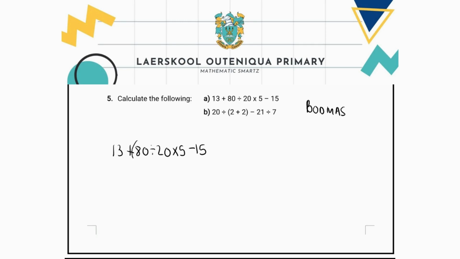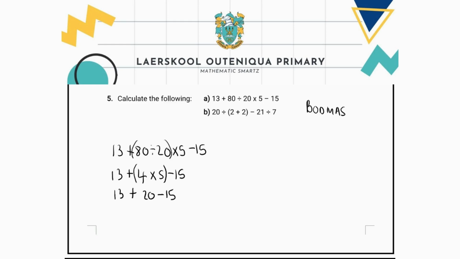If you said 80 divided by 20, you are 100% correct. 13 plus 80 divided by 20 would be 13 plus 4 times 5 minus 15. According to BODMAS, what do I do next? 4 times 5. So 13 plus 20 minus 15.